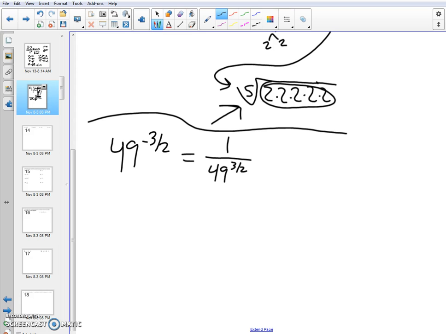That's all that negative exponent does. Okay, so let's simplify this. Since my root is 2, I'm going to have the square root of 49 to the 3rd. Now that's one we should all recognize. The square root of 49 is 7. So basically 7 to the 3rd. And 7 to the 3rd power is just 343. You can check that in the calculator if you didn't know that one. So it's just 1 over 343.